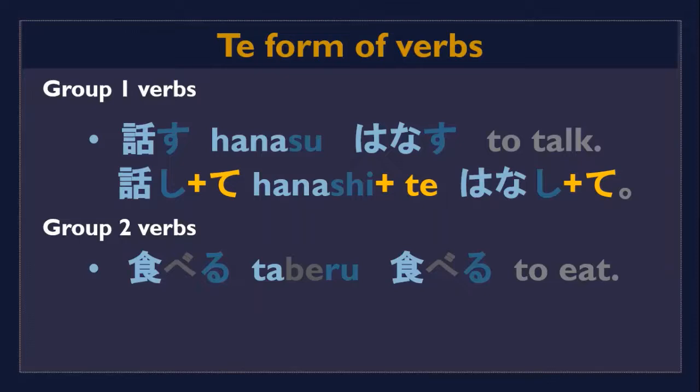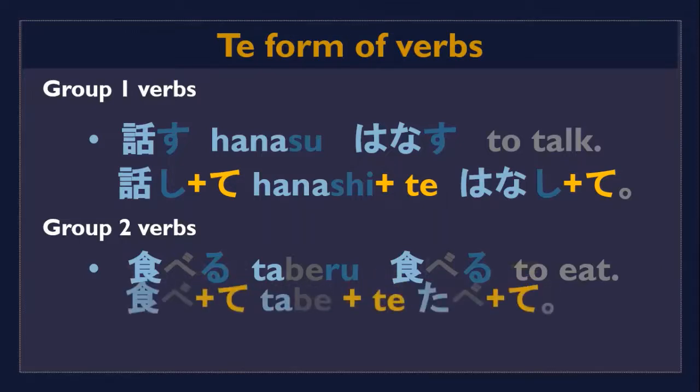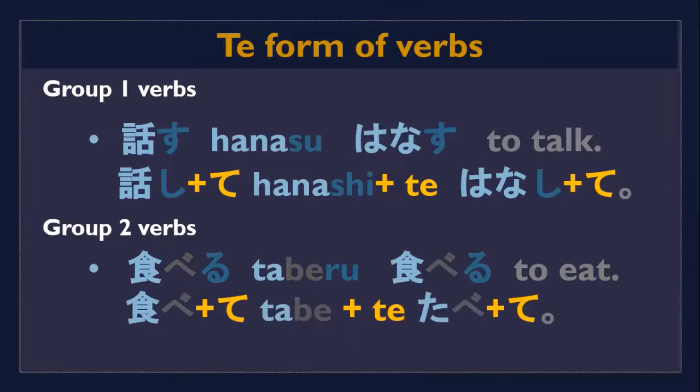We will change it to te form by simply removing the ru and adding te. So the te form of to eat is tabete. So this is how we say ta and be. Be will remain the same. And we just remove this ru and add te. Very simple. So group 2 verbs are very easy.